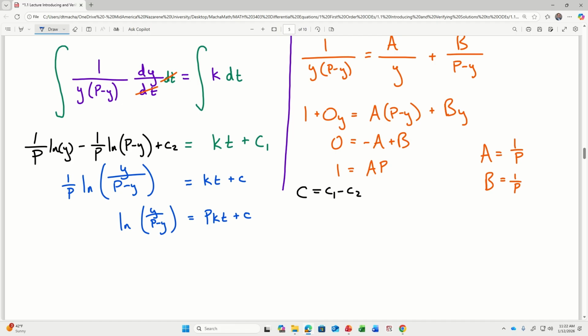Yeah. I'll just take the inverse function, which is to say, take e raised to the power of both sides here. So I've got e raised to the power pkt plus c equals y over p minus y.